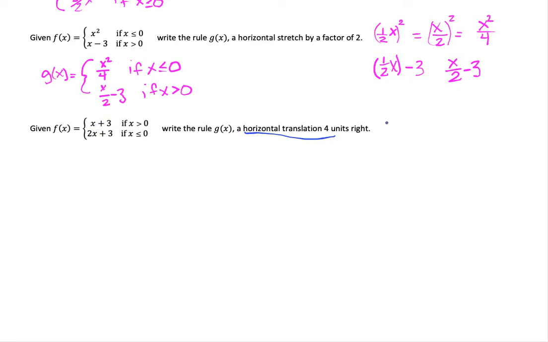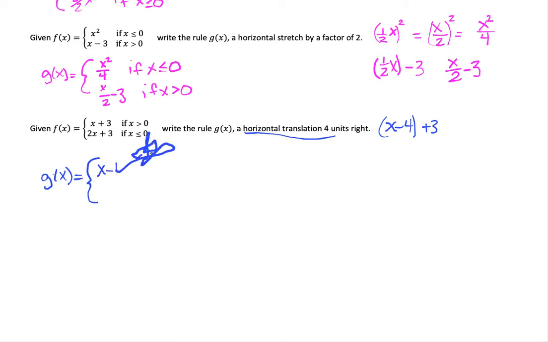Just on the x, minus 4, like that. We can then simplify it a little bit because we can drop the parentheses. There's nothing else we need to do on that. So I will write x minus 1.